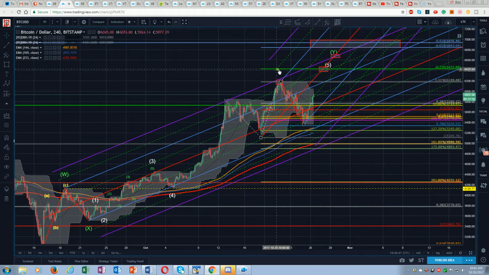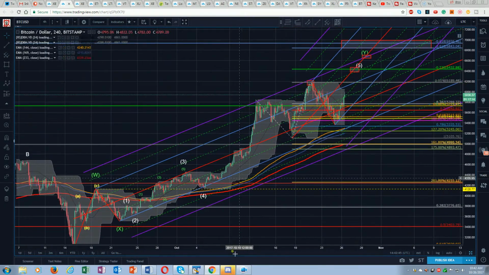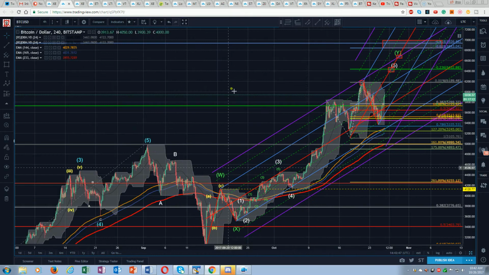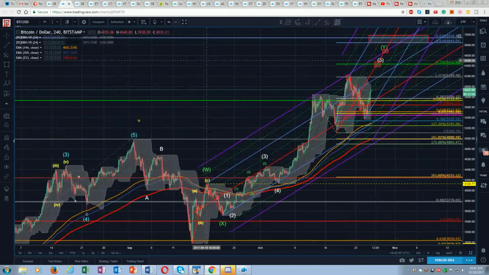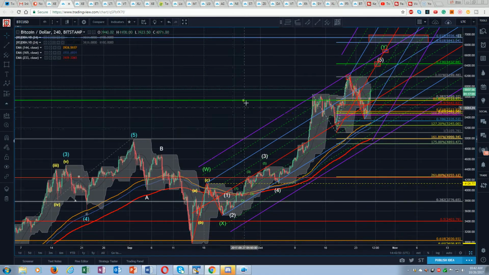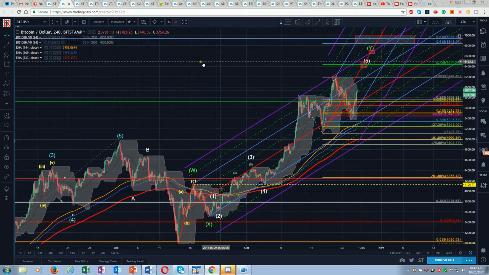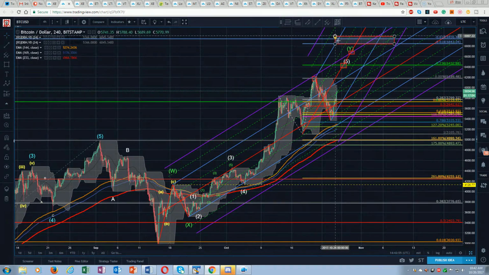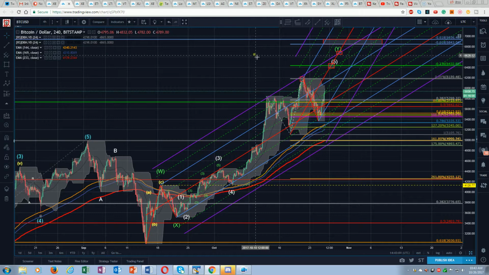So that's where I've got my negative 23, my negative 618 of that, and then we have the much larger negative 618 from the pull way down here. So here was the 23, here's the negative 618. So you get an additional cluster up here to be conscious of and be looking for. So a series of potential resistance points or targets as the market starts to move.